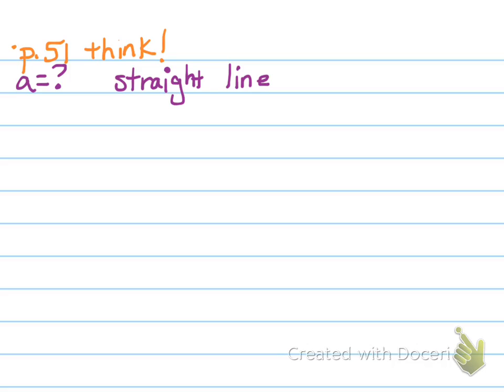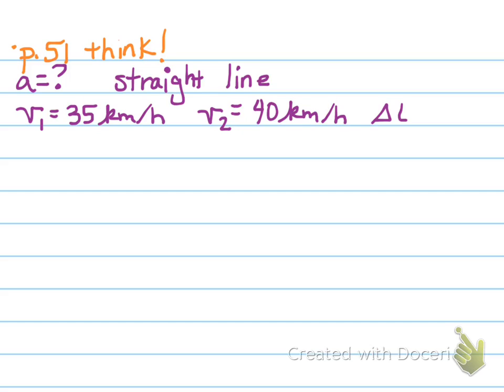And it tells us, okay, that our initial velocity is 35 kilometers per hour. And our second velocity is 40 kilometers per hour. And that the change in time for that was 1 second. Then the third velocity is 40 kilometers per hour.